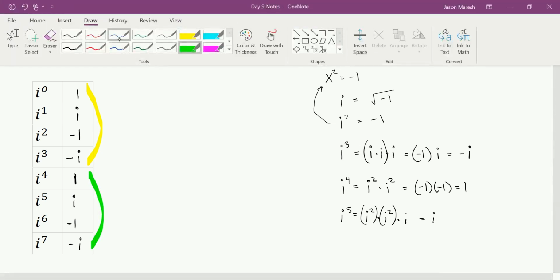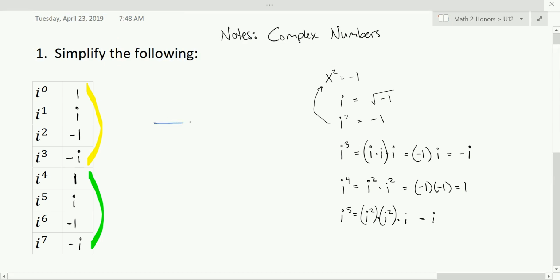And if it helps you, you could draw a real number line and an imaginary number line. And they cross at 0, 0. And so if I go to the right 1, so this is your value 1 here, right? If I go to the left, I'm at -1 over here.